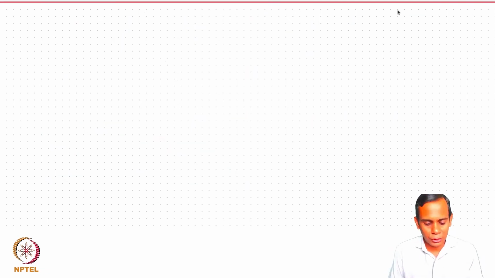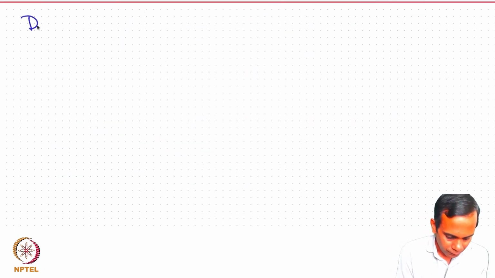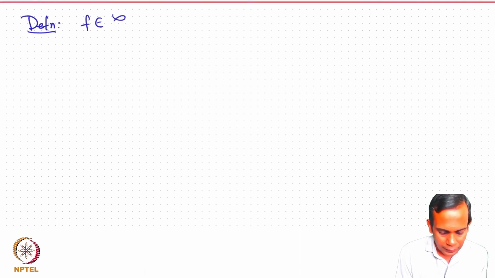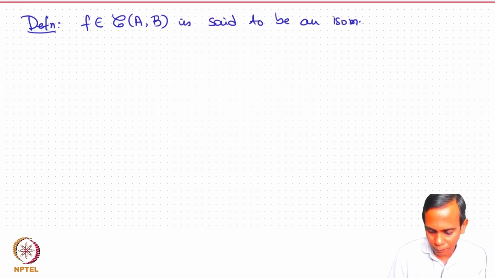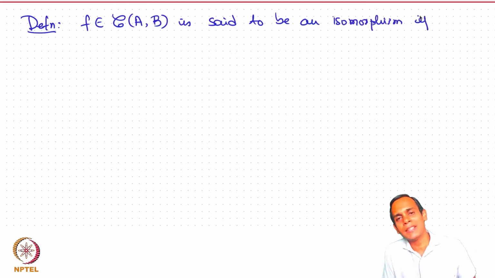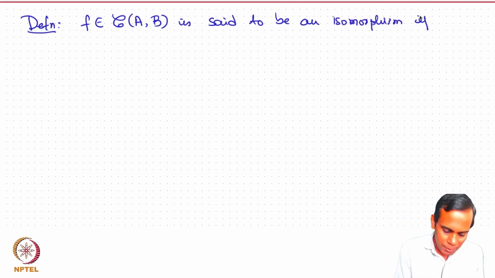Finally, we come to the notion of an isomorphism. So f, an arrow in a category C from A to B, is said to be an isomorphism if, and this definition is much simpler than the definition of monomorphism and epimorphism, it just simply says that it has an inverse.